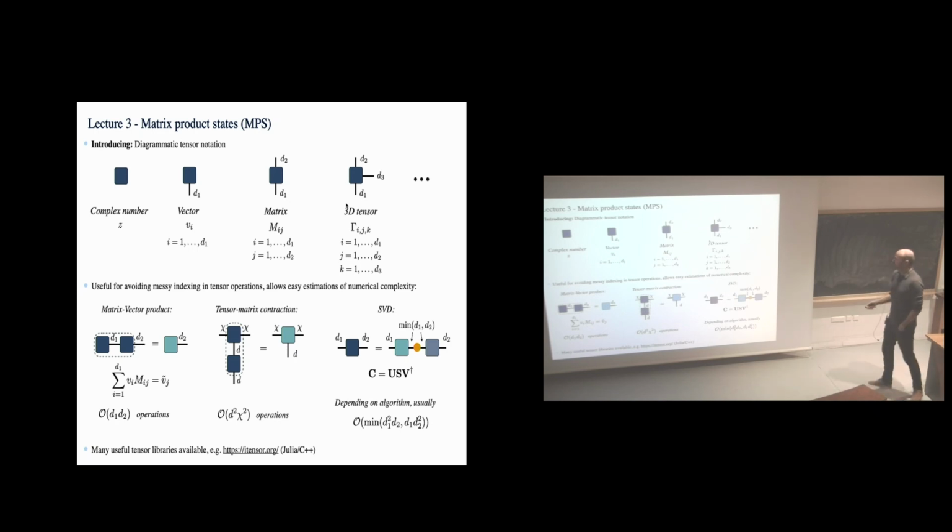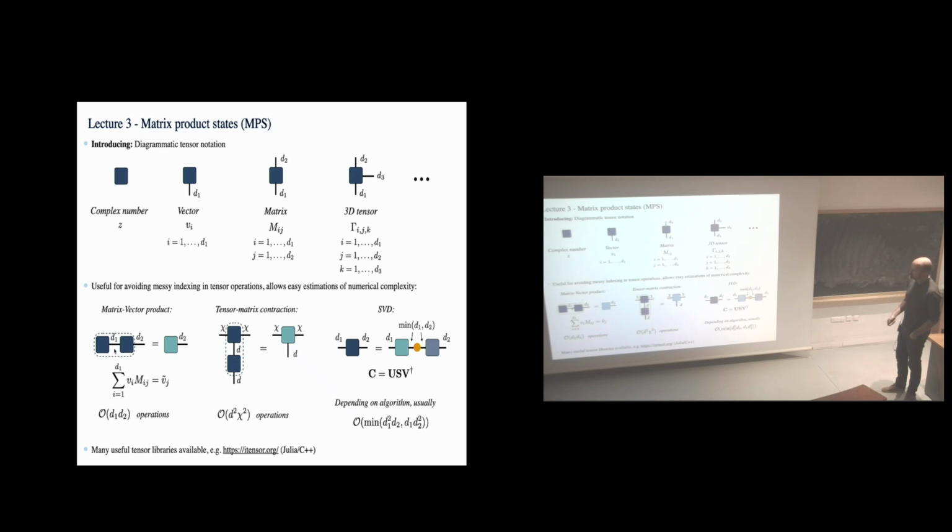And it's also nice because, as I show here in this example, it will tell you something about the numerical complexity of tensor operations. So, very simple example: if I take this object here, which has one index, let's call it D1, and I add this object here, and then I connect these two indices, what I mean by connecting them is the contraction.